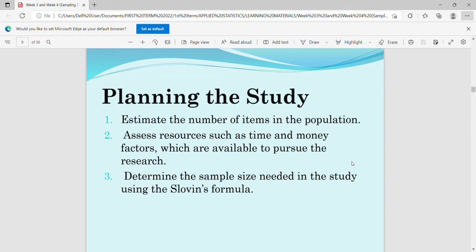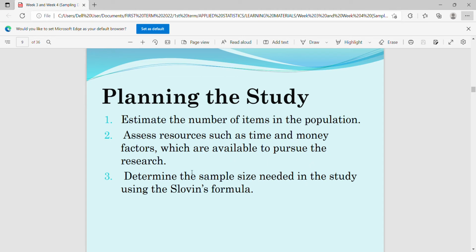so that you can distinguish or plan or think if it is possible, if you can study that particular population. Next, we have to assess resources such as time and money factors which are available to pursue the research.